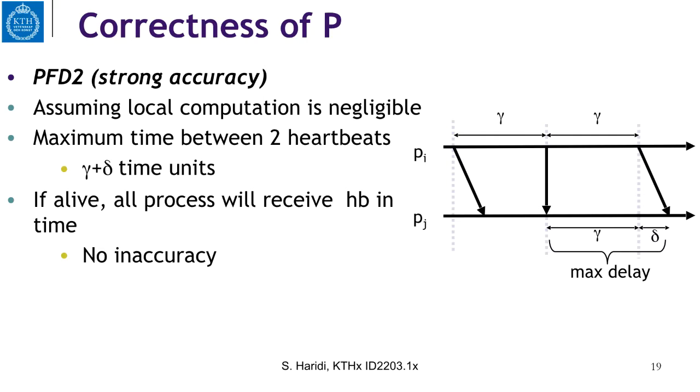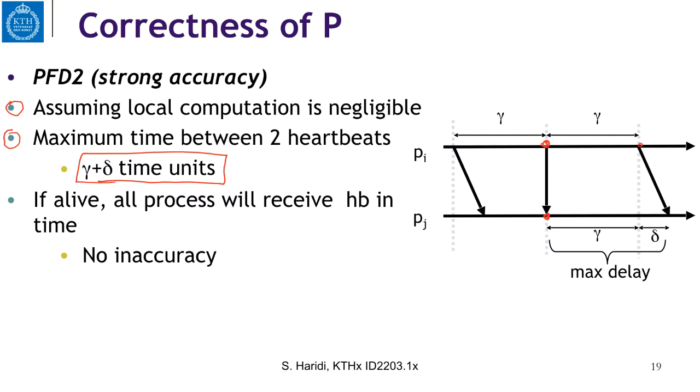So let us look now at strong accuracy. Assuming that the local computation time is negligible, the maximum time between two heartbeats should be gamma plus delta time units. Let's look here. If this process Pi sends a heartbeat, it arrives here, but let us look now at the next heartbeat from this process.